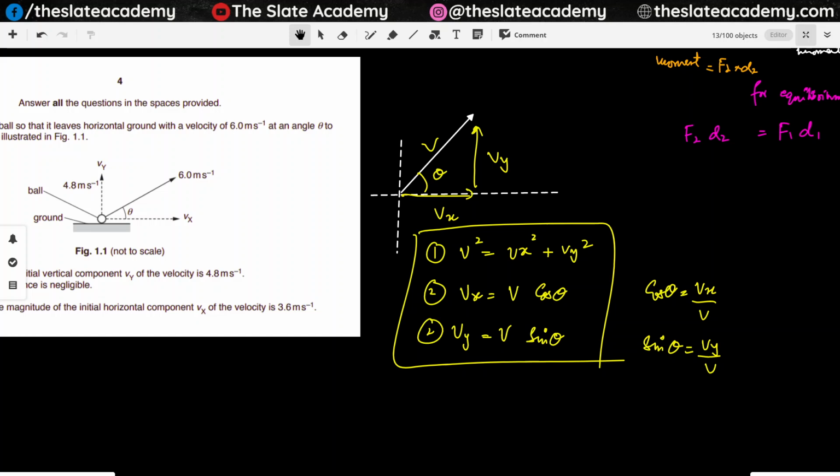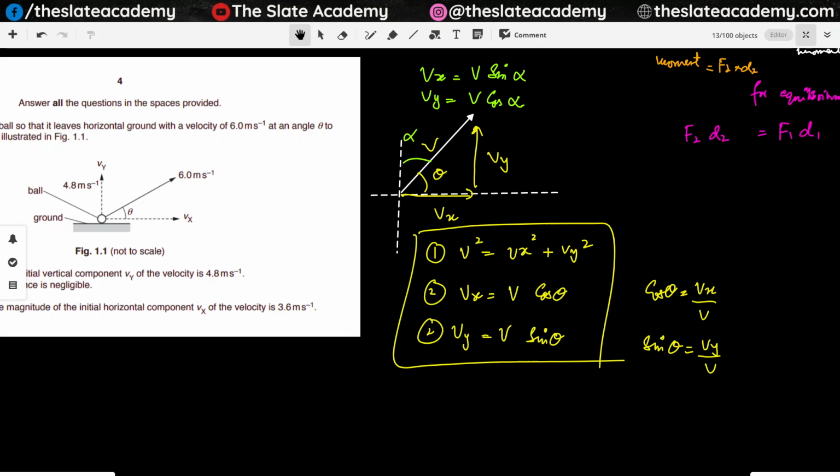If I were talking about an angle alpha with respect to the vertical, then Vx and Vy would be switched. So with respect to alpha, Vx will be equal to V sin alpha and Vy will be equal to V cos alpha, right?